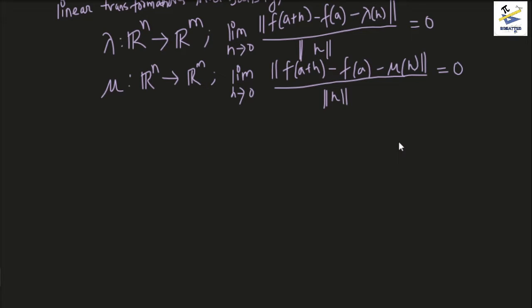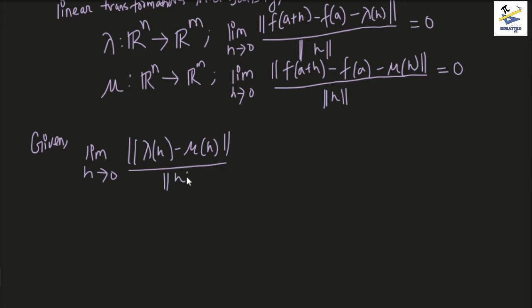We start with the limit as h tends to 0 of the norm of lambda(h) minus mu(h) divided by the norm of h. Now we would like to evaluate this limit.